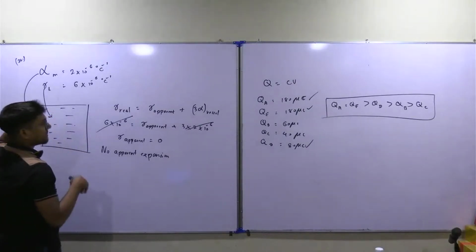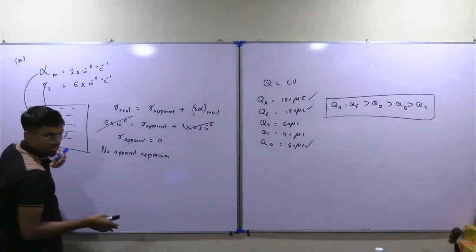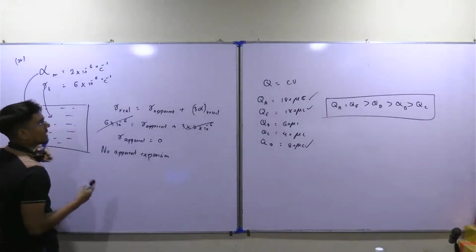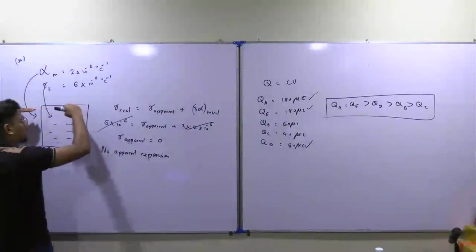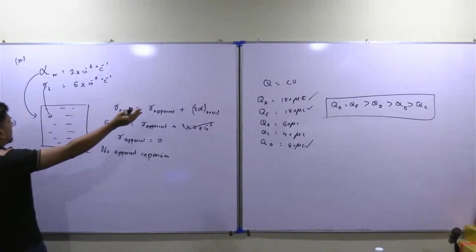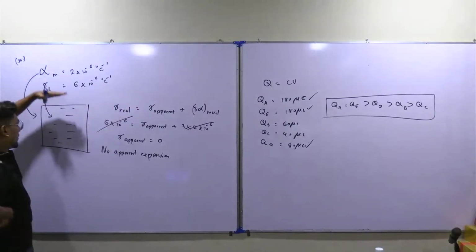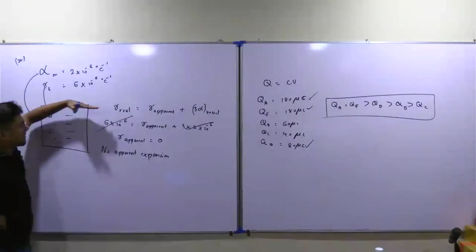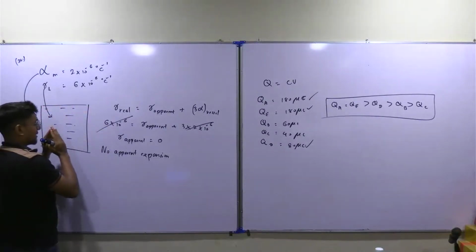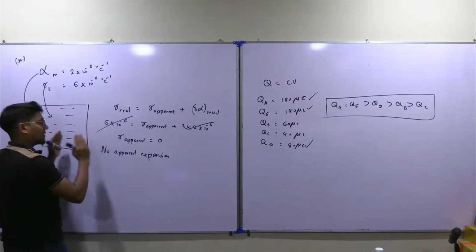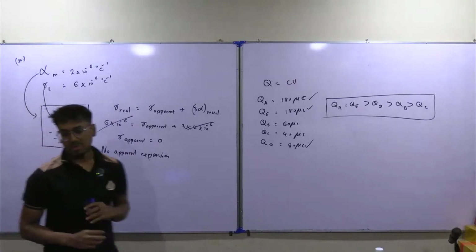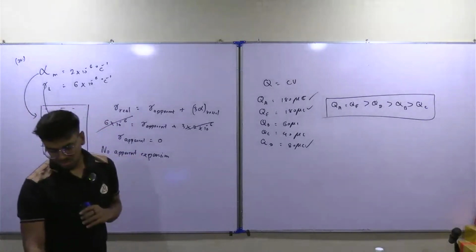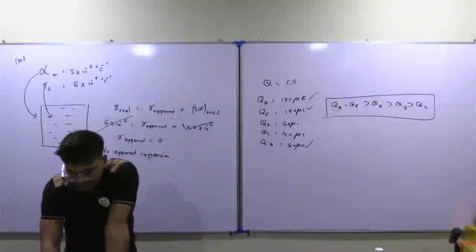So there will be no visual or apparent expansion. No amount of liquid will overflow, and the level of the liquid will not fall down. It will remain at the same level. When you increase the temperature, the vessel will expand, the liquid will expand, so there will be no apparent expansion. So what is the answer for the question?